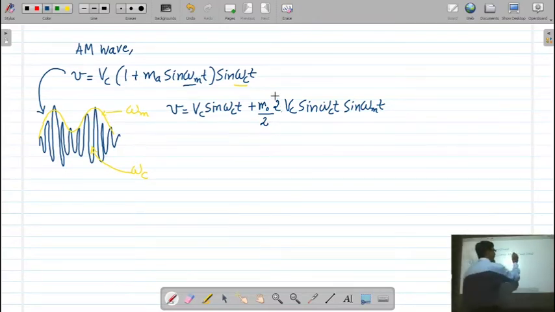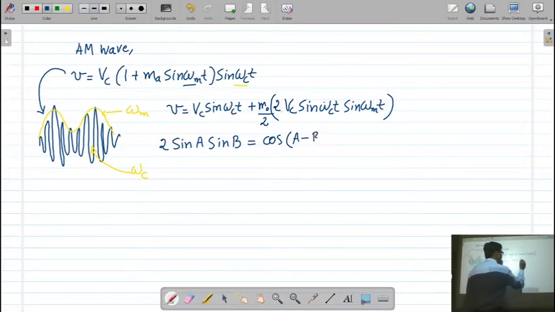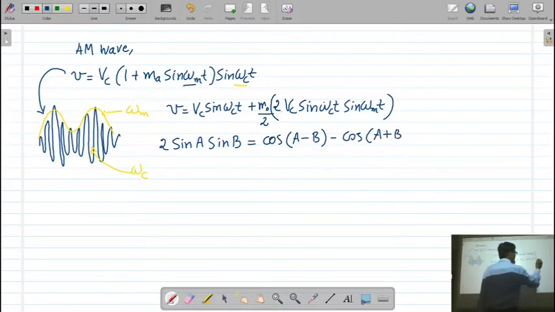Now here we have 2 sine omega ct sine omega mt, and we can expand that with the help of a trigonometric function. You already know that 2 sine A sine B is given by cos A minus B minus cos A plus B. So we will use this formula for expanding this.